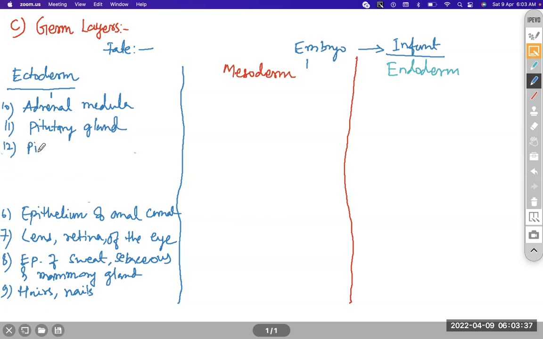Pigment cells, melanocytes, present in the skin.